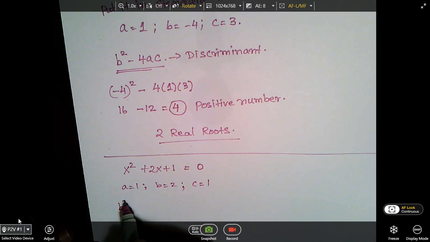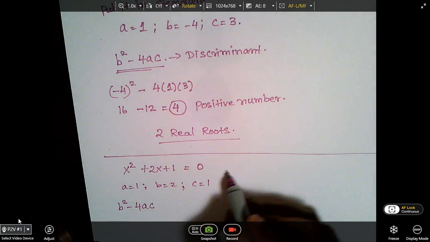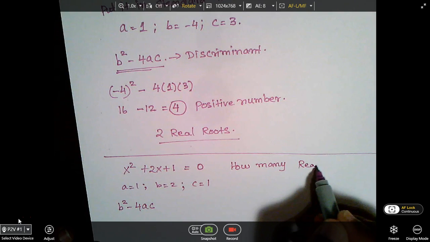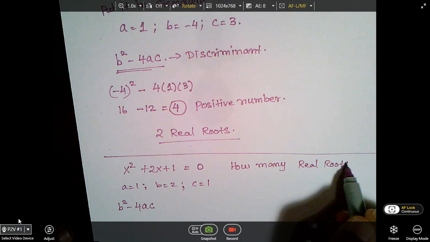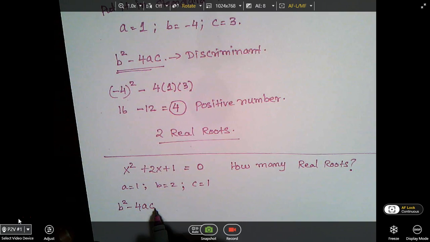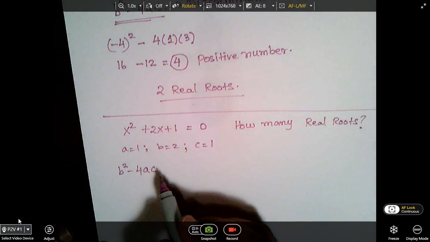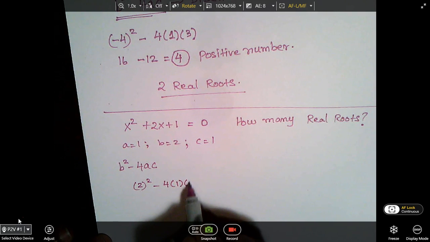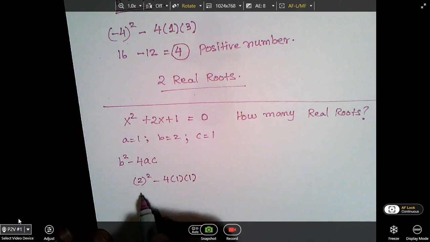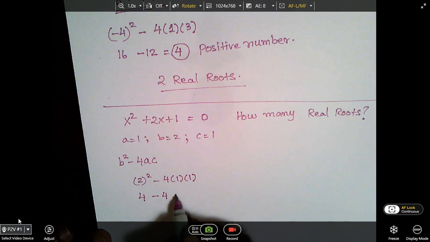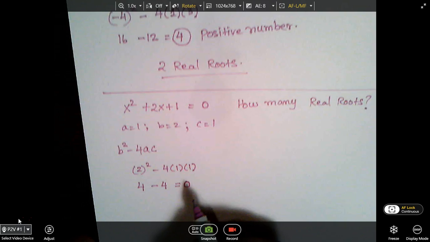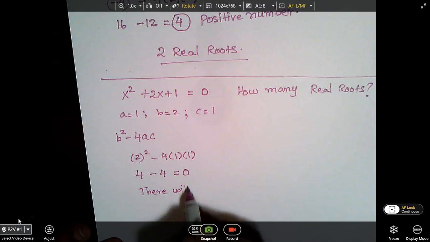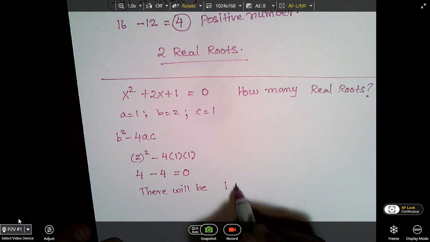I want to figure out what b squared minus 4ac is. b squared is 2 squared minus 4 times a is 1, c is 1. So that is 4 minus 4. It turned out to be 0. Since it is equal to 0, there will be 1 real root.